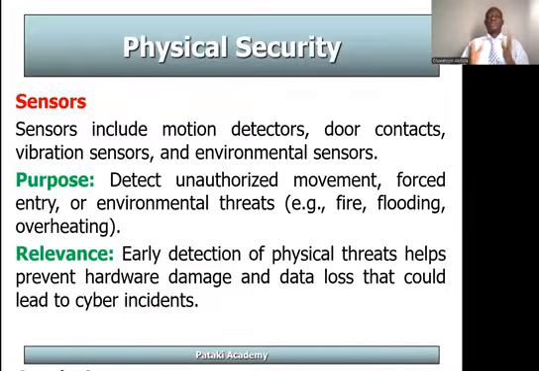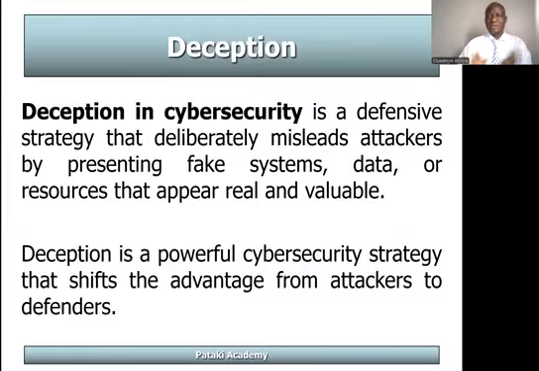Deception in cybersecurity. What is deception? Deception in cybersecurity is a defensive strategy that deliberately misleads attackers by presenting fake systems, fake data, and fake resources that appear real and valuable.